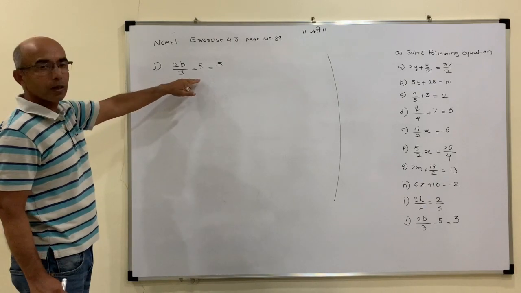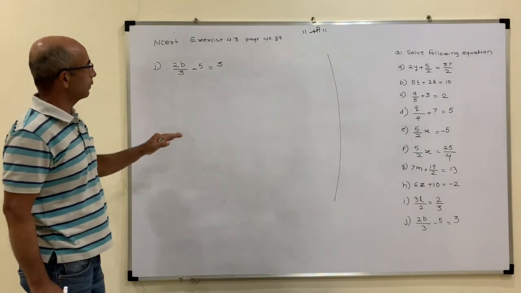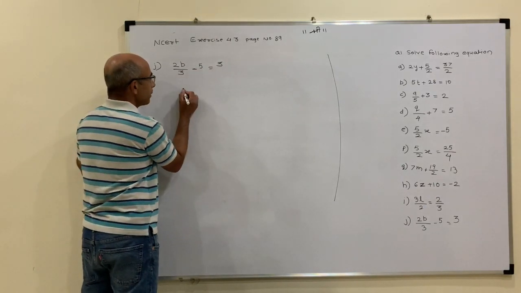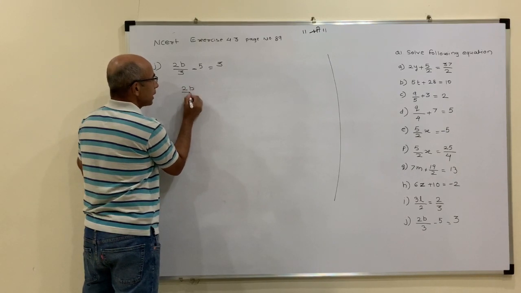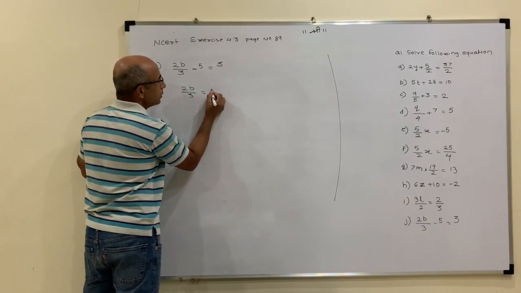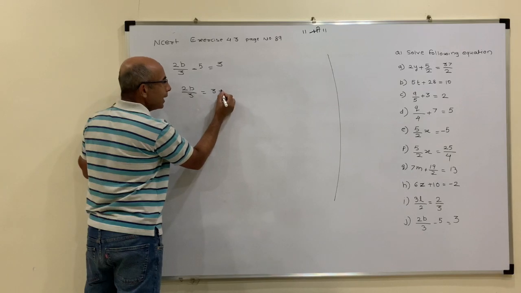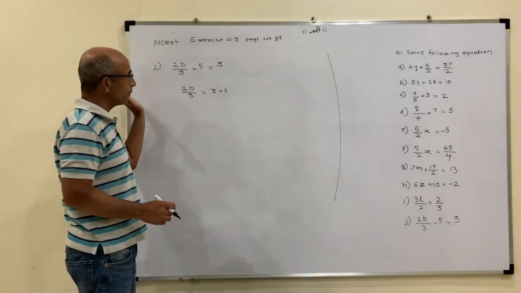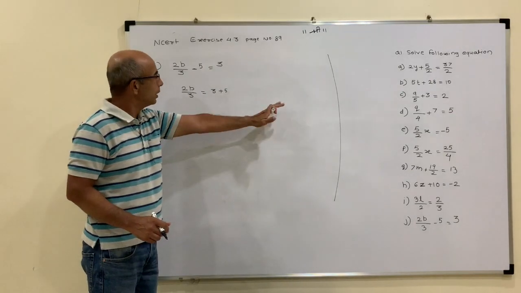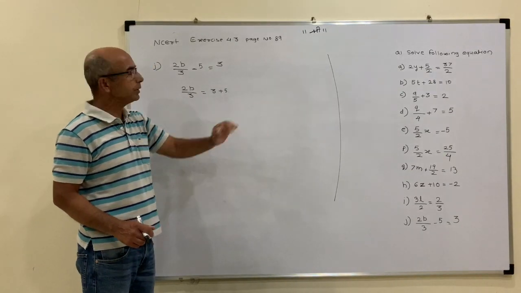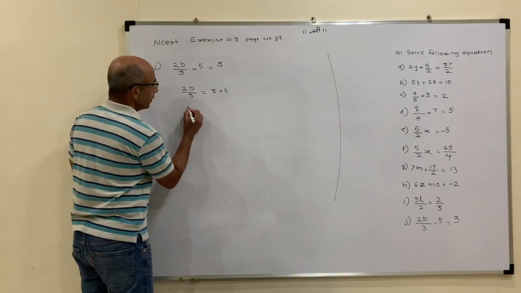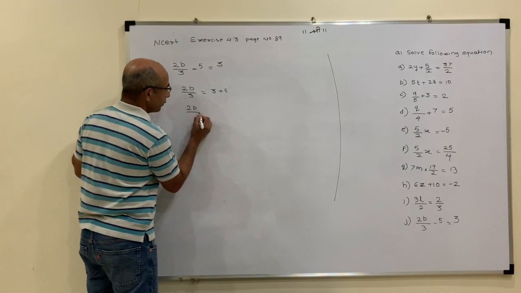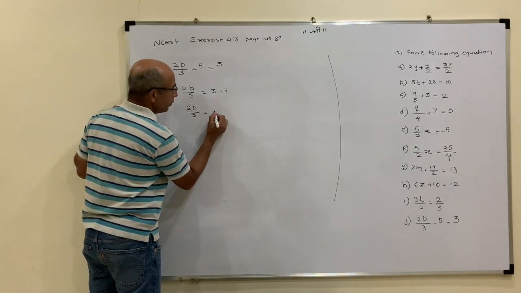So first I'll transpose this minus 5. The 5 is subtracted on the left hand side, so 5 will be added on the right hand side. When you transpose a negative number onto the right hand side, it becomes a positive. So my next step will be 2b divided by 3 equals to 8.